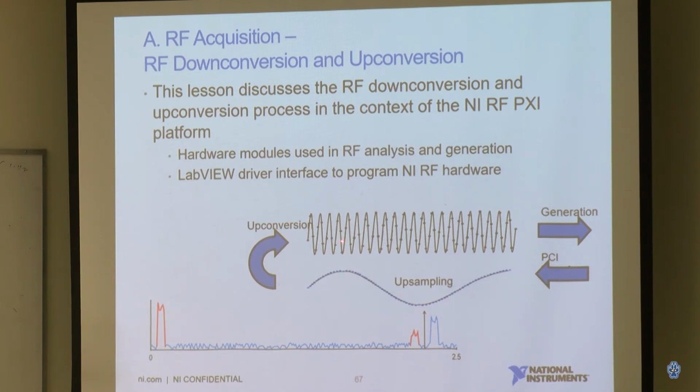Let's say you try to do signal analysis in DSP. Most of the digital data analysis is at low frequency. And if you try to analyze the signal up to 20 gig directly, it's way more challenging than doing the data analysis close to DC.